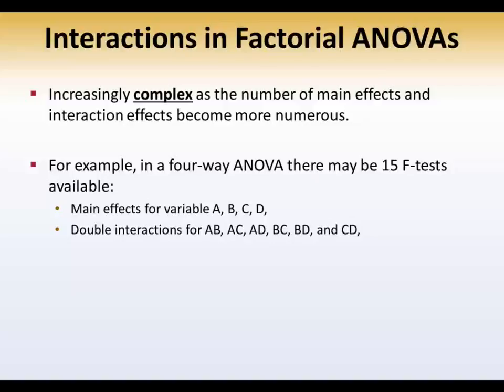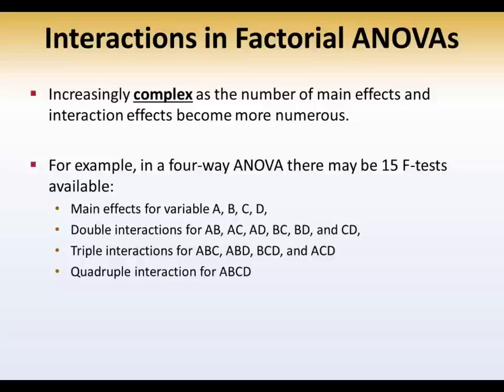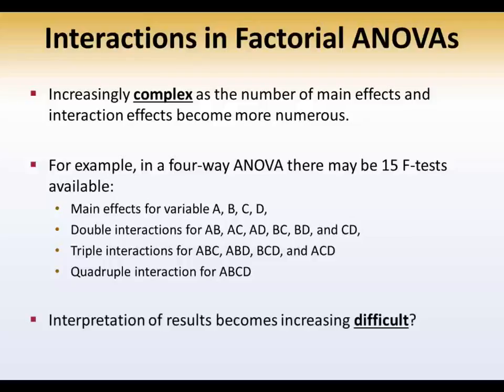These are also known as two-way interactions. Triple interactions involving factors ABC, ABD, BCD, and ACD, and there's even a quadruple interaction for combinations of A, B, C, D. You'll have tests of main effects, two-way interactions, three-way interactions, and a four-way interaction. You can see how it becomes increasingly difficult to interpret the results.